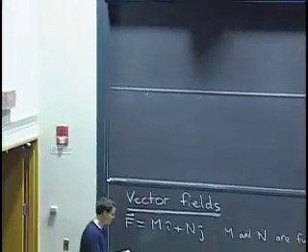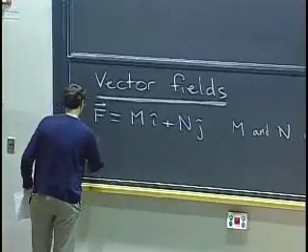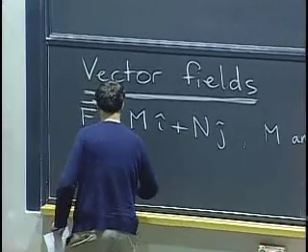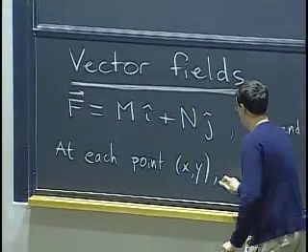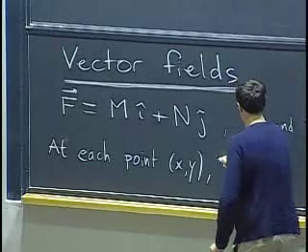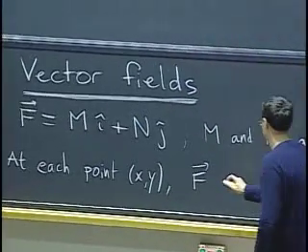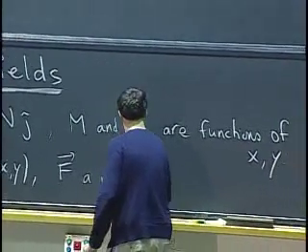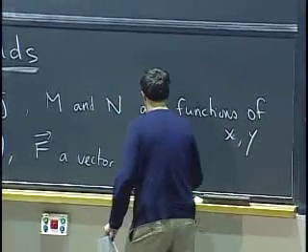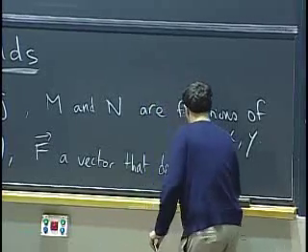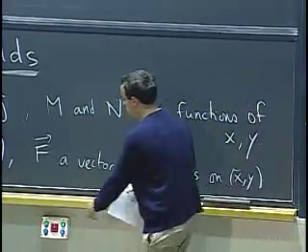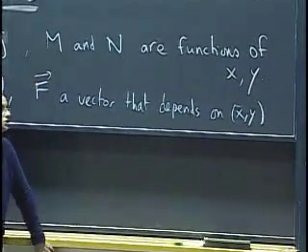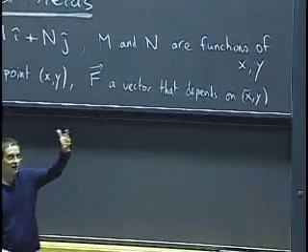So anyway, a vector field is something where at each point in the plane, we have a vector F that depends on x and y. This occurs in real life when you look at velocity fields in a fluid.